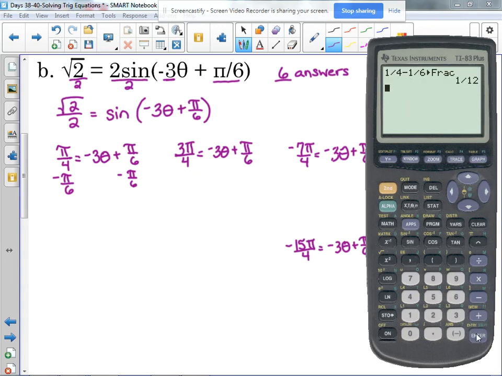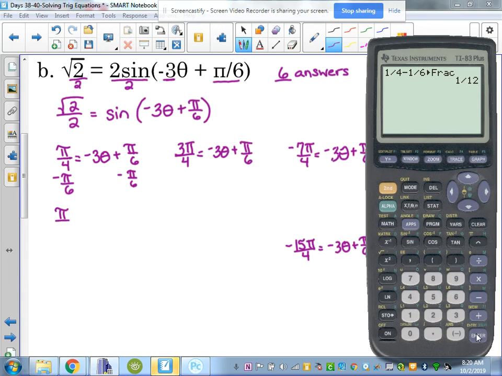1/4 minus 1/6 is 1/12, so that's pi over 12 is equal to negative 3 theta. Now, normally I would divide by negative 3, but I got a fraction on the other side, so dividing by negative 3 is the same as multiplying by negative 1 over 3, because negative 3 times negative 1/3 is equal to 1.